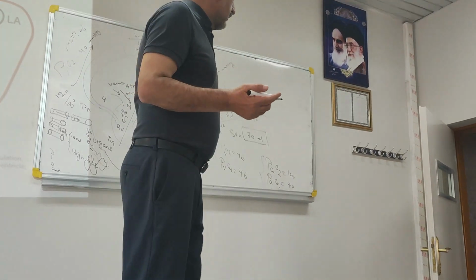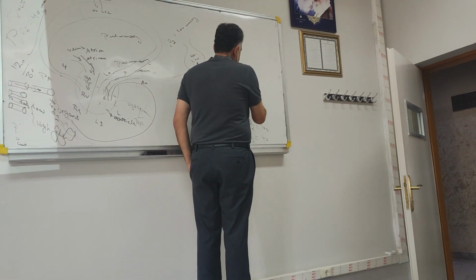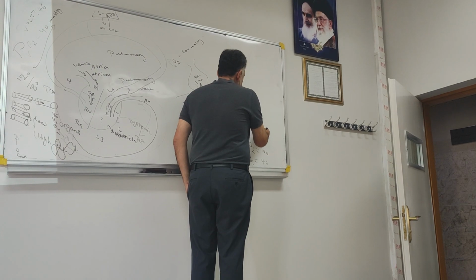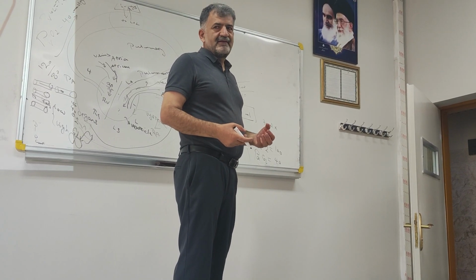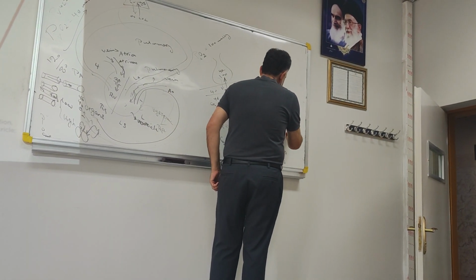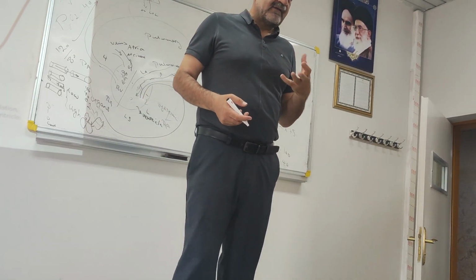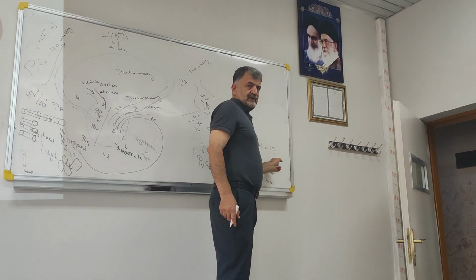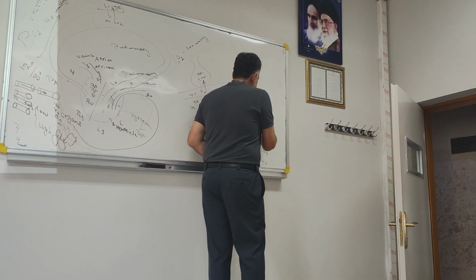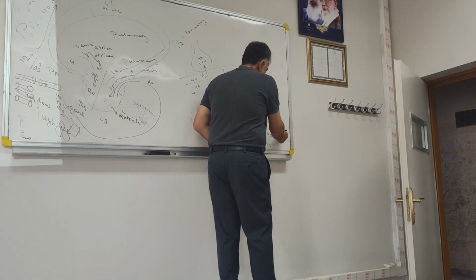And he said, because in each beat the heart sends 70 ml, and in each minute we have usually 70 to 75 beats per minute, my heart contracts 70 times. If you multiply these two numbers, the result is something around 5,000 ml per minute.